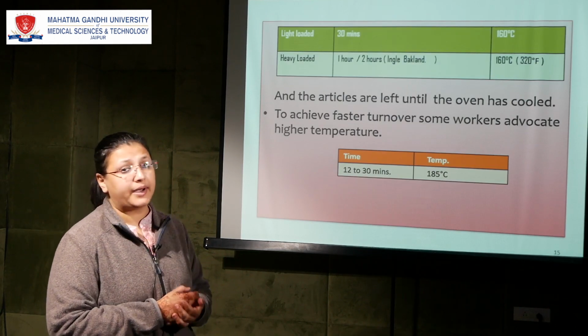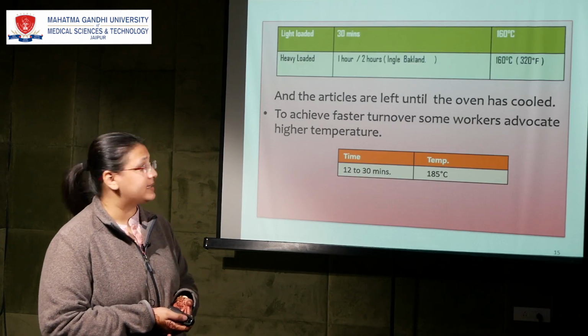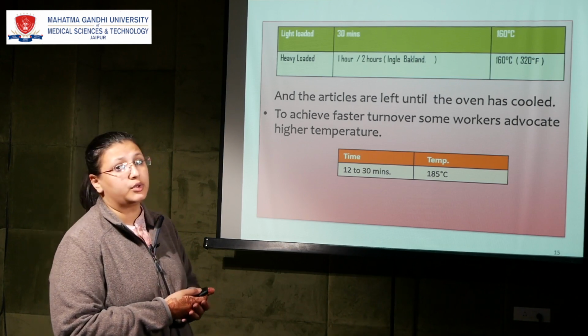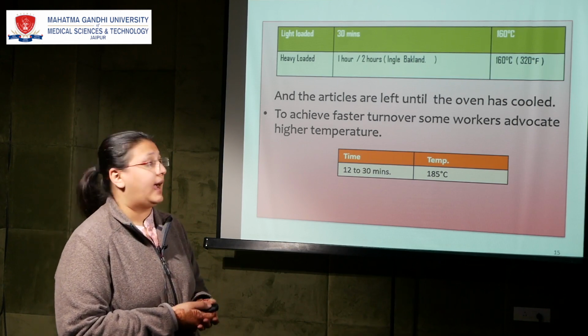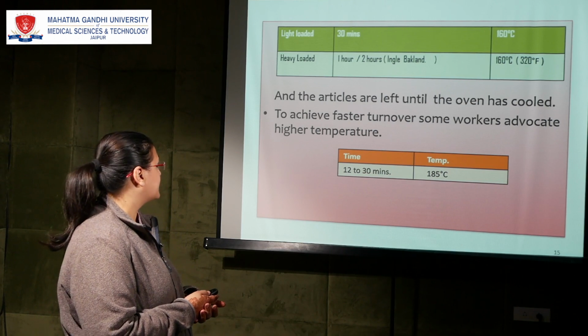Light loaded, it required 30 minutes at 160 degrees Celsius, and heavy loaded, 1 or 2 hours depending upon the load, at a temperature of 160 degrees Celsius.